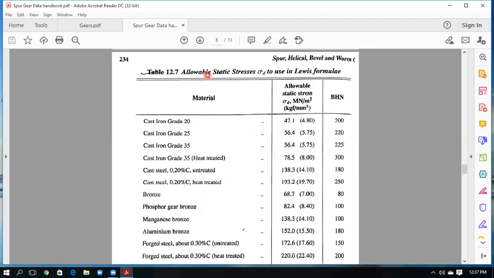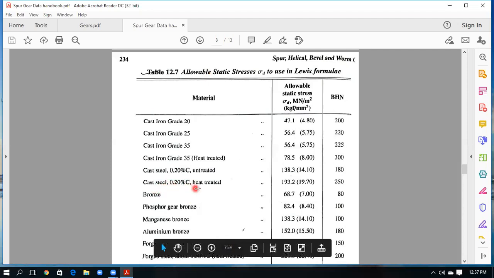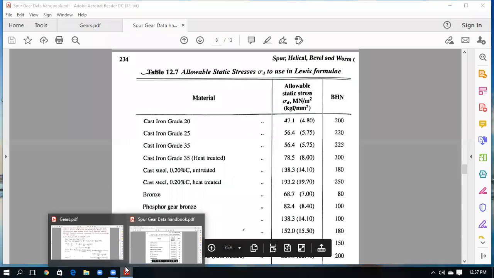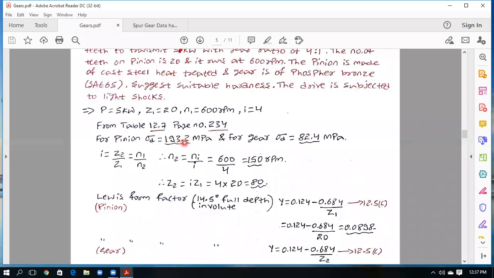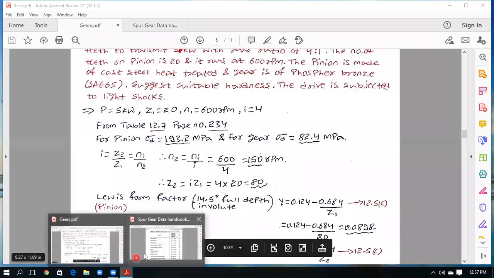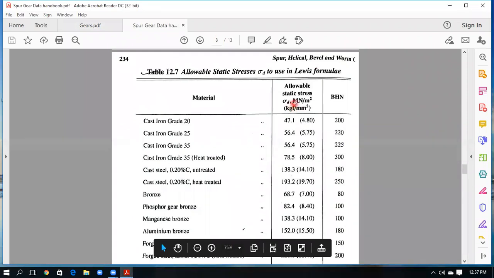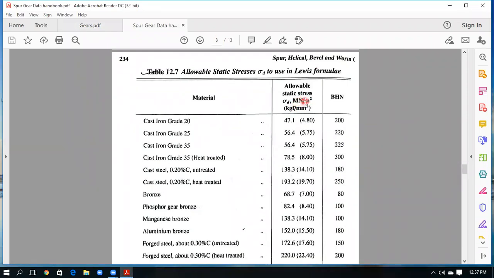The given material for the pinion is cast steel heat treated, so the value will be 193.2 megapascal. Here you can see that it is megapascal, that is mega Newton per meter square. This is for the pinion, 193.2 megapascal.